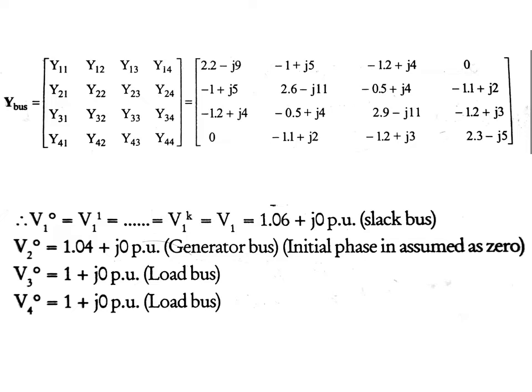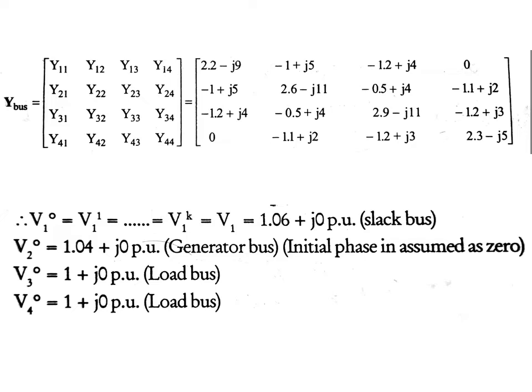After that, the initial voltages of the load buses are assumed as 1 plus j0, that is, we assume a flat start for the load buses. For the slack bus and the generator bus, the specified voltages are used as the initial values.